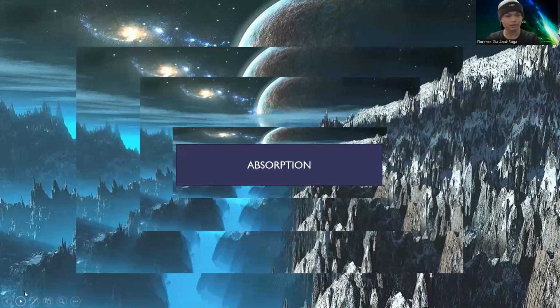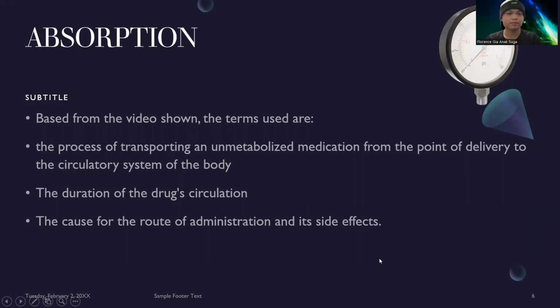So let's move on to absorption. From the video shown, the terms used are the process of transporting an unmetabolized medication from the point of delivery to the circulatory system of the body, the duration of the drug circulation, and also the cost of the route of administration and its side effects.